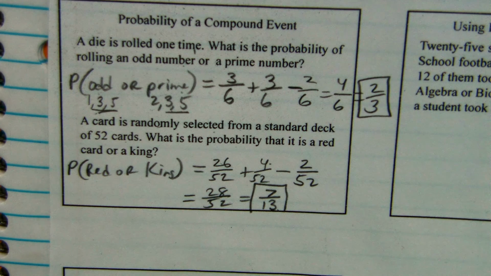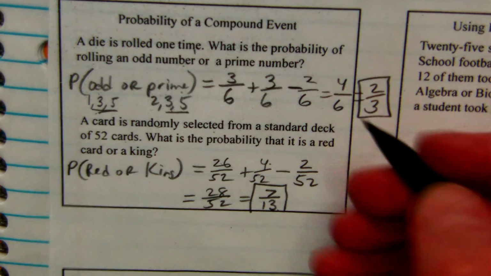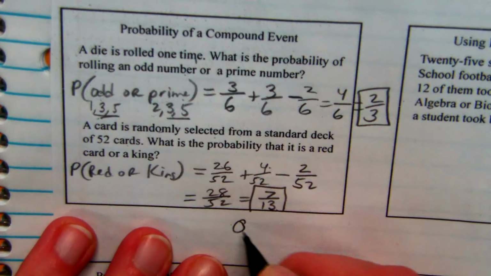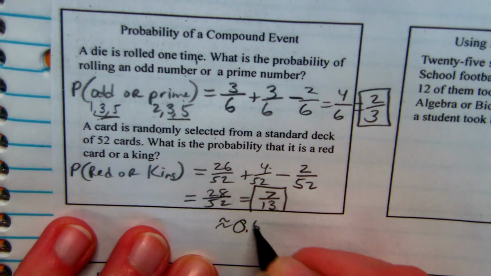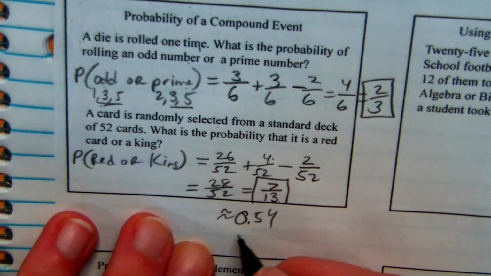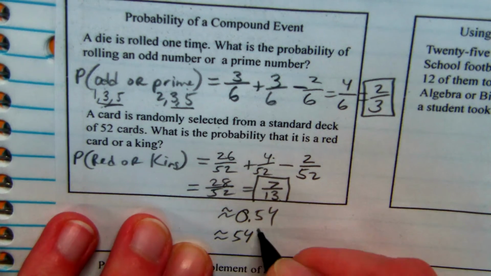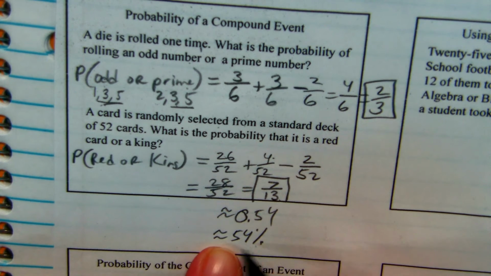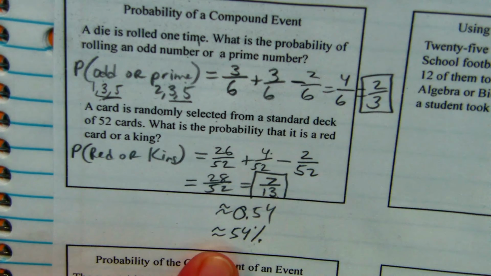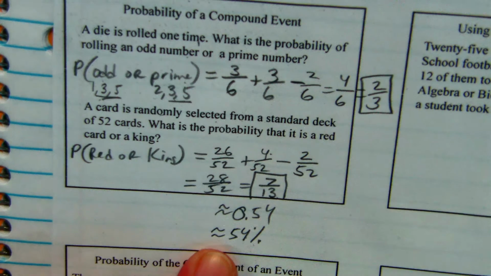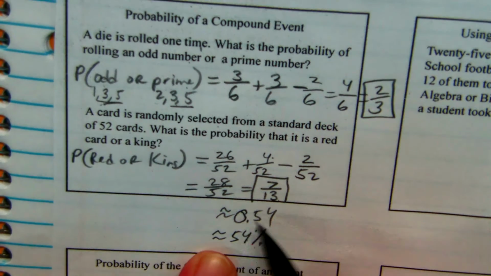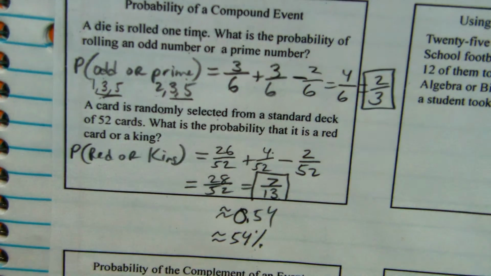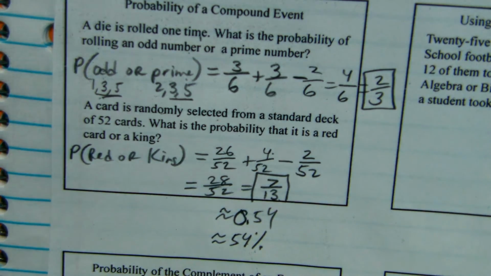But if you wanted to divide 7 by 13, it's roughly 0.54, which would make it roughly a 54% chance. In real life, a lot of times they're going to say the probability is 54%, and they're going to use that 54%. So I just want to remind you guys that you can do that. I think you know that, but I feel obligated to bring that up.